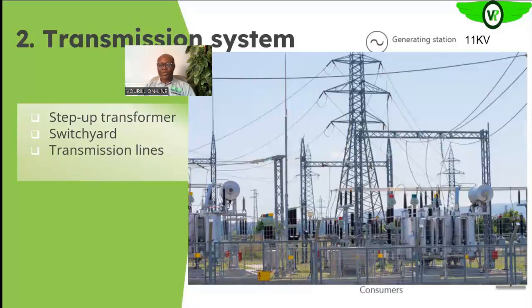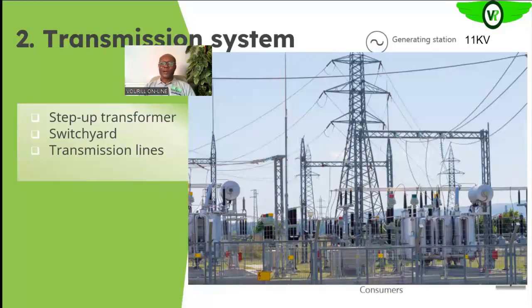So we have switch yards at the first substation in the transmission system, which is the switch yard. Then we have another substation, they call it the 132 kV substation.